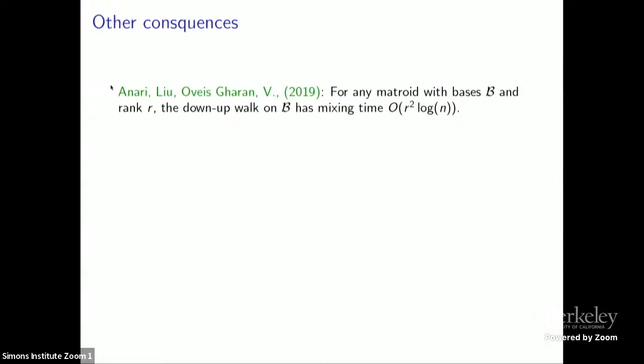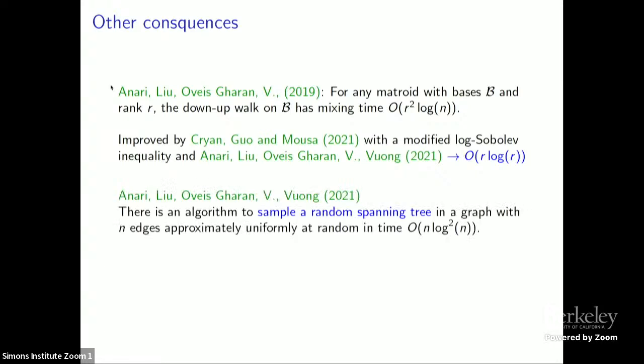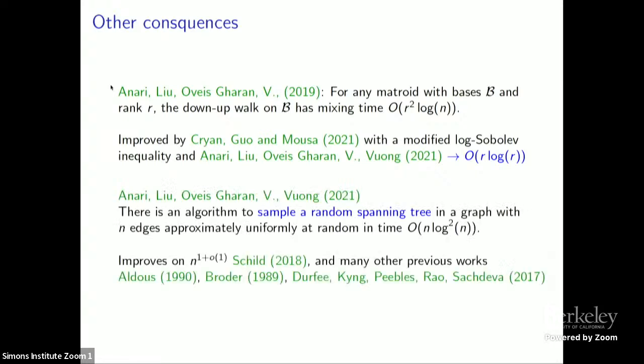So this has several consequences. Maybe I'll run through them and not worry too much about the details. Consequences of this include that for the bases of a matroid, for example, spanning trees of a graph, one can bound the mixing time of the random walk that you get on them in terms of the rank and the number of elements.